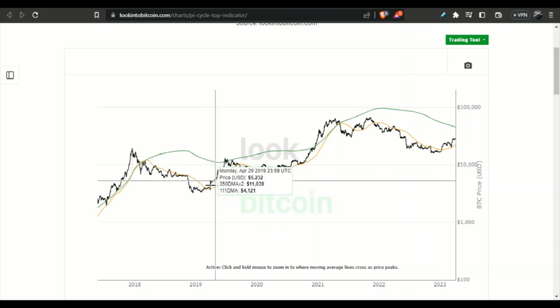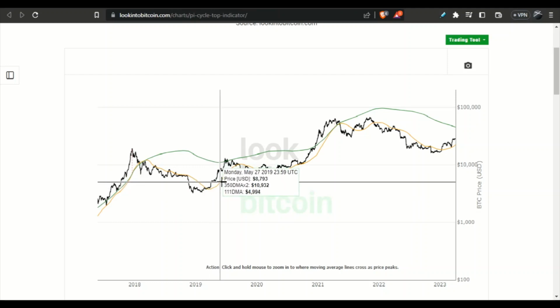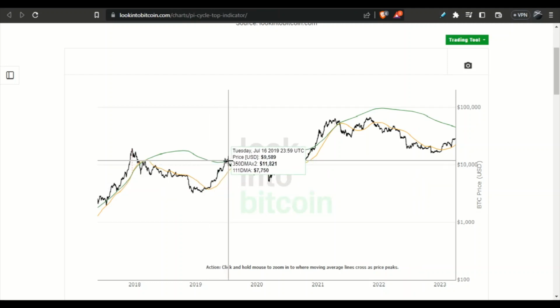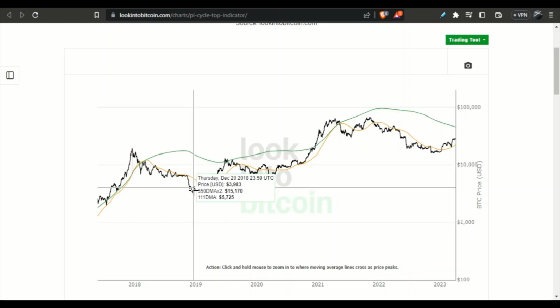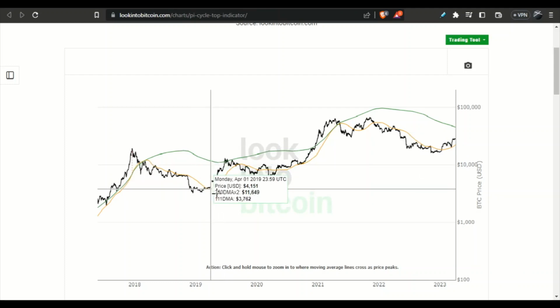The orange line or the 111 days was moving up, while the green was still coming down until it started moving to the other direction. So this represents this area relatively, in shape and in similarities of those moving averages and the price action and the curvature of those moving averages.